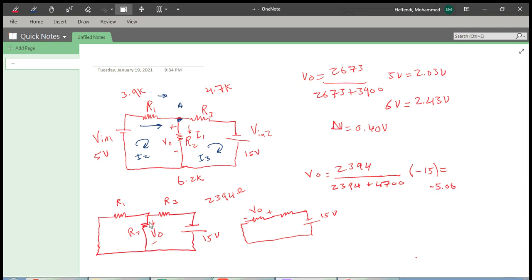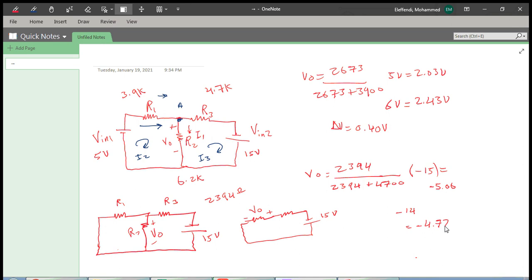Now, what I'm going to do is increase this value. So I increase this value here by 1 volt. Now I'm going to increase this value here by 1 volt, so we would get minus 14 volts. So I'm going to multiply the same number by minus 14, and we would get minus 4.72 volts.